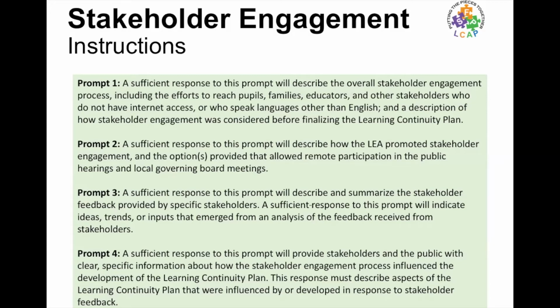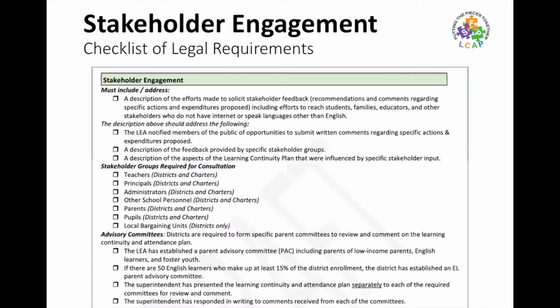And they say aspects, so keep in mind that aspects may include specific actions or a specific section of your plan that may have been influenced by stakeholder input. In the checklist of legal requirements here, you will see specific requirements of what must be addressed and included in your learning continuity plan, but also the who. You will see the list of required stakeholder groups that must be included in your consultation for input and feedback.